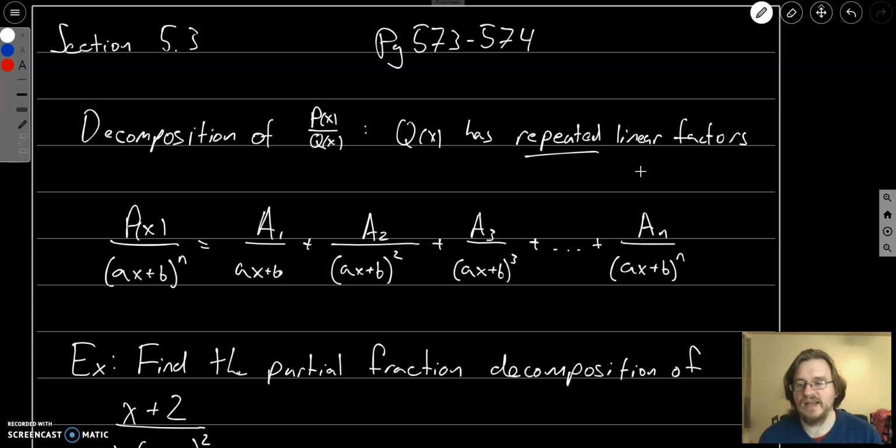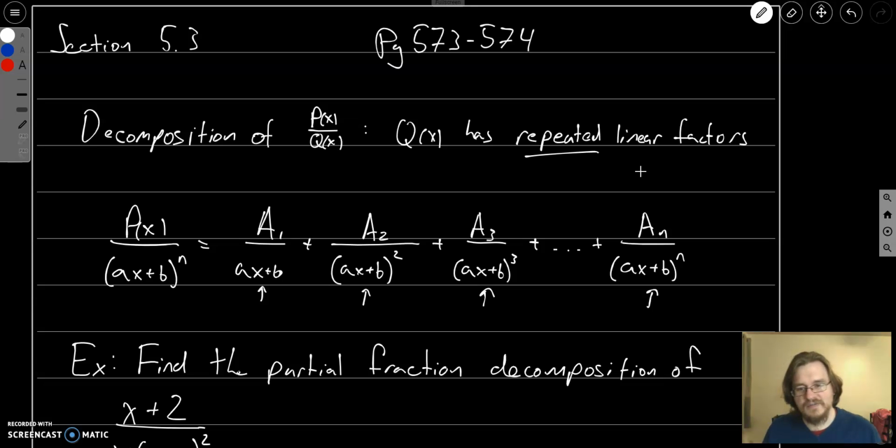So when we look at p of x over ax plus b to the nth power, we will end up needing to do the following. We will take those n factors on the bottom, and we will have a partial fraction for each power of ax plus b from 1 up to n.